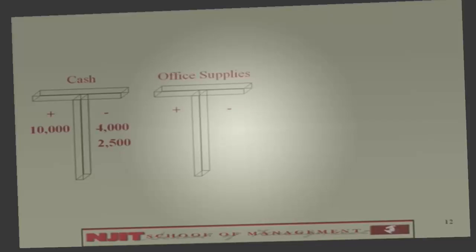Cash was minus 6 because the company paid money. Office supplies is plus 6 because their supplies increased by 6,000. So it should look like this. Here's the journal entry to explain the transaction.